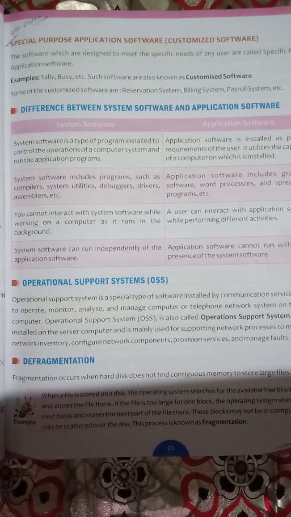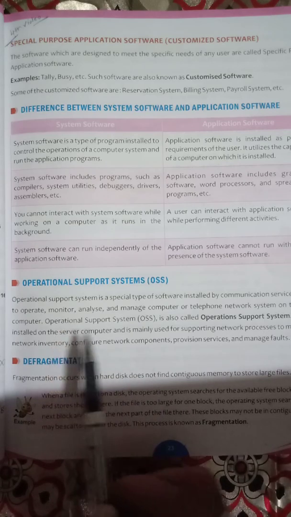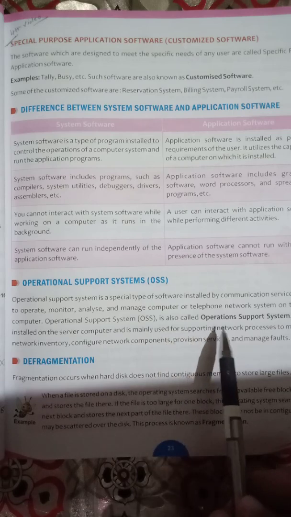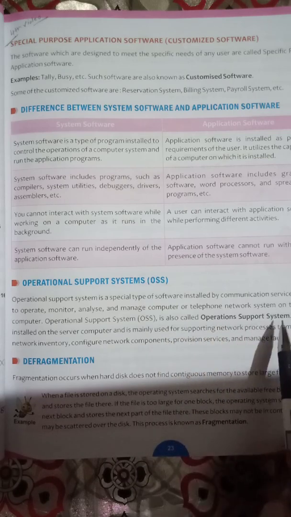If you want to use an internet connection, your internet service provider can create a system as a server. With the help of the server you can share things, solve things and communicate with the clients. Operational support system is also known as operations support system.